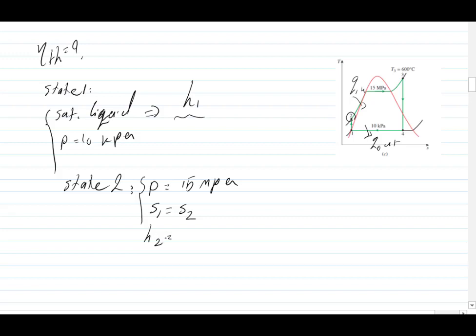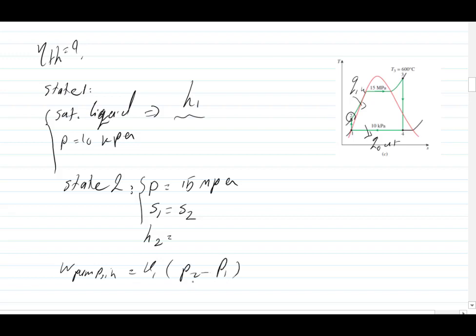So for state 2, again we need to use this equation. W pump in is equal to specific volume v1 times P2 minus P1.